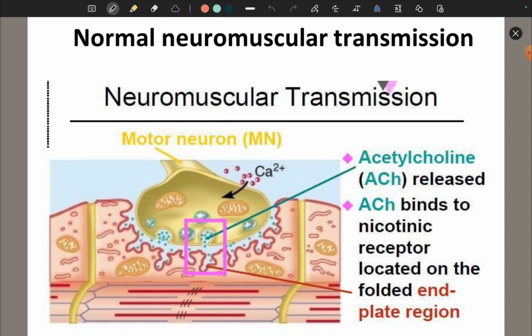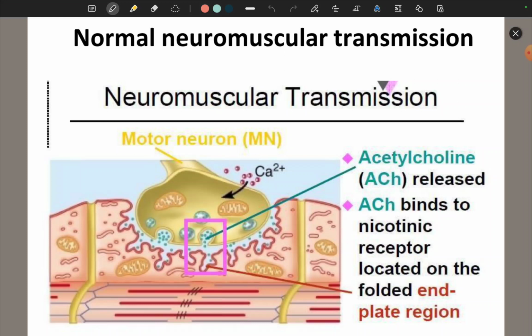Here, from the end of the nerve, there is a release of acetylcholine. The acetylcholine will be released from the nerve, and it will cross the synapse and go to the muscle.